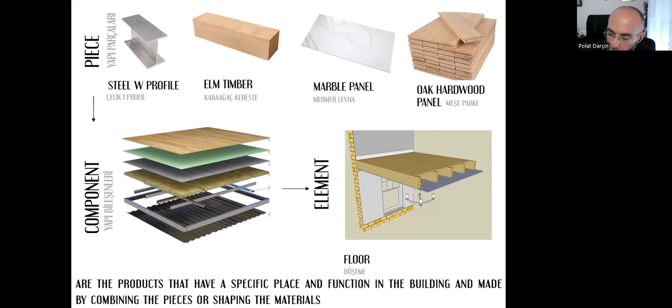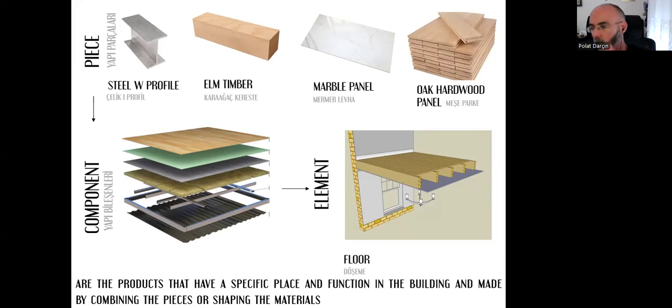So each building element can be created out of components or materials. We need to have lots of components, gather them up together, and we can have an element. And that element will function in a specific way.